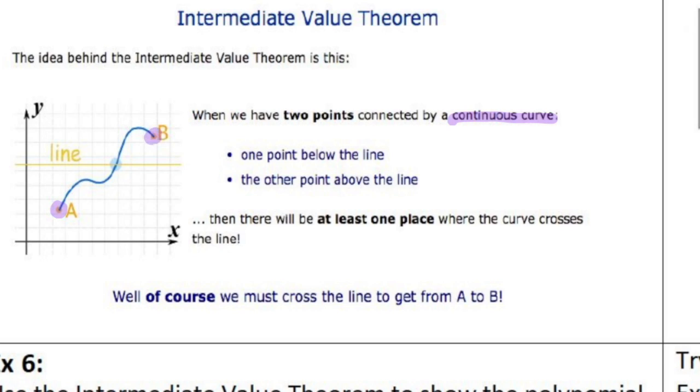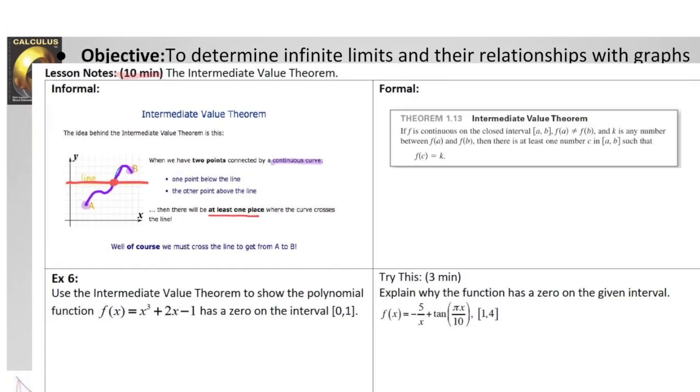If we were to follow that continuous curve from one point to the next, somewhere along the way, we had to hit a point that was between them. There is at least one place where the curve crosses a line that was between points A and B. Of course there is. You knew that. I knew that. That is its own math theorem.